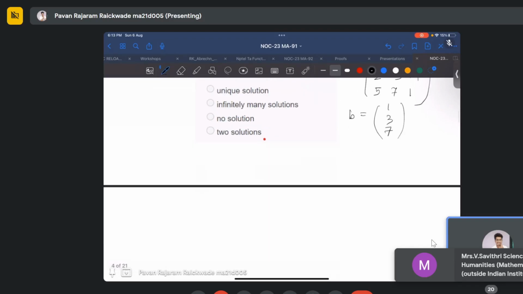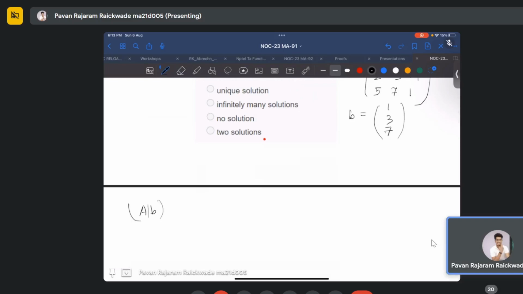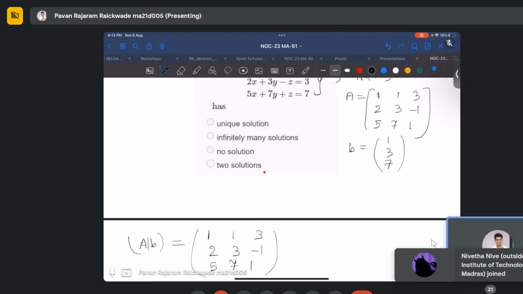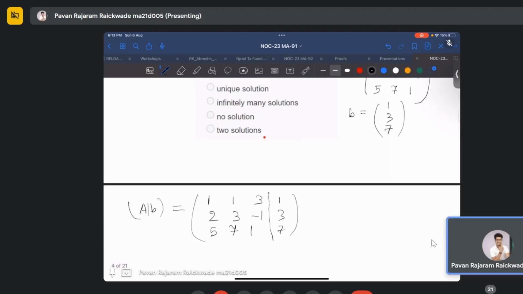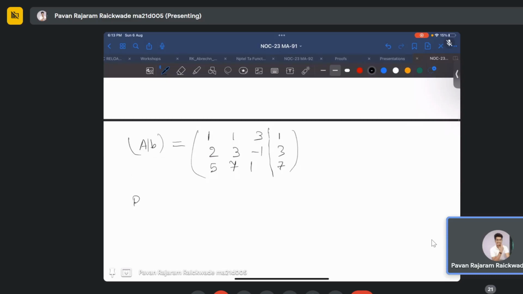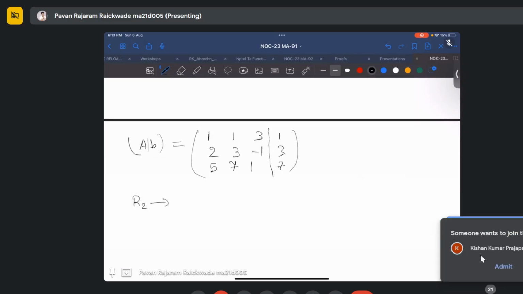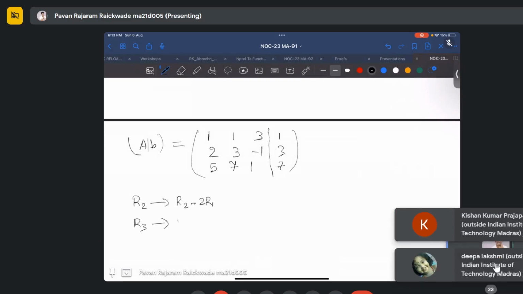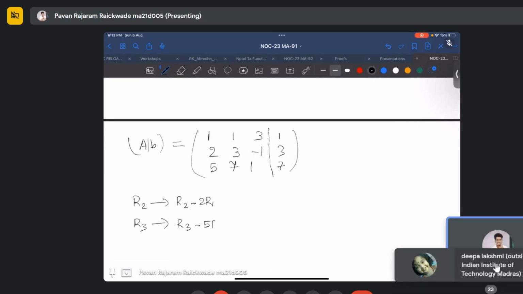So the same method, we will start with A augmented B, which is the matrix 1, 1, 3, 2, 3, minus 1, and 5, 7, 1. Then I'll add as the last column the B vector 1, 3, 7. Then I'll perform some row operations. The first operation is R2 changes to R2 minus 2 R1 and R3 changes to R3 minus 5 R1.